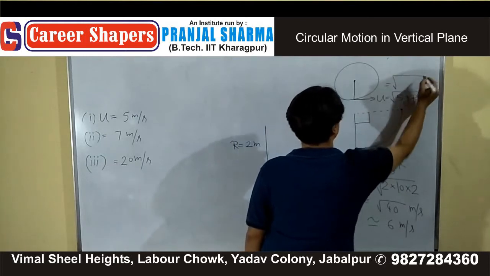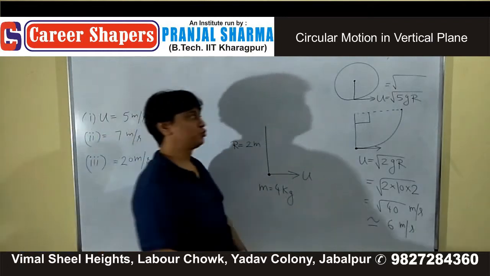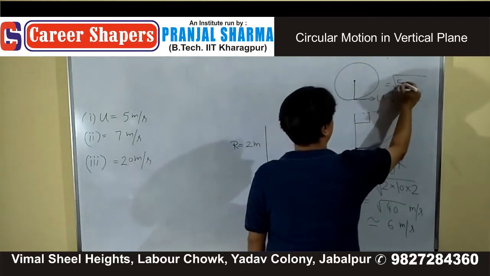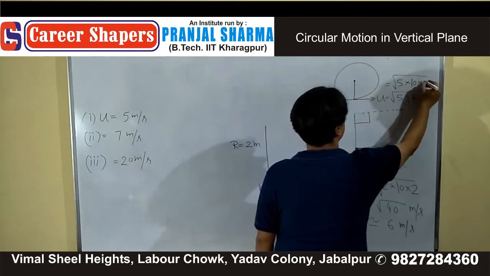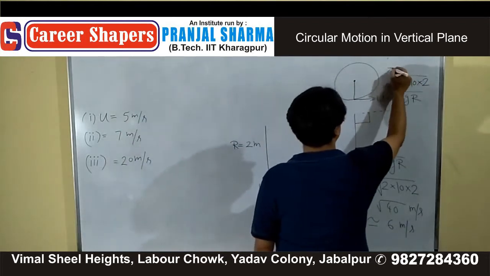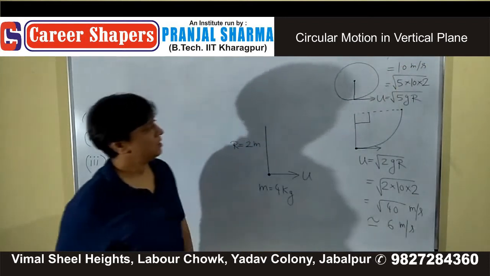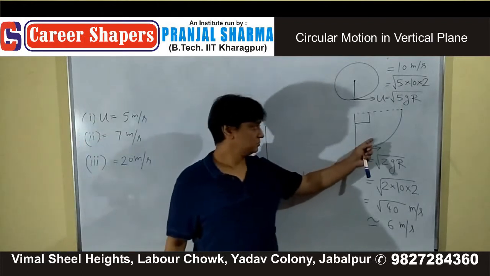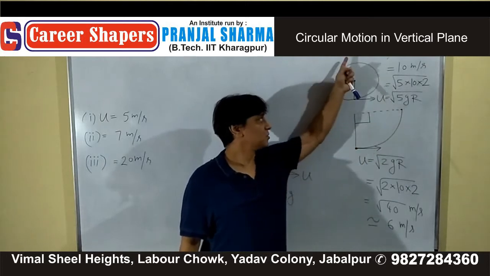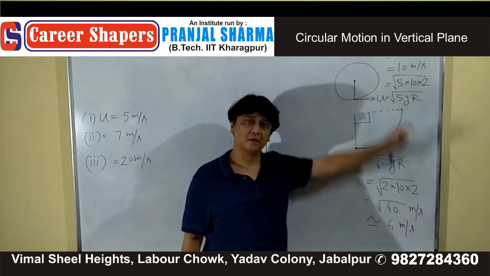This rope length will decide the minimum velocity to complete a full circle. 5 times 10 times 2 comes to 10 meters per second. To complete 1/4, you must have 6. To complete half and then full, you need to have 10 meters per second.